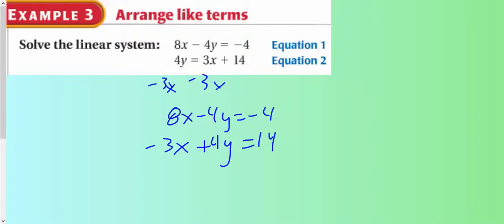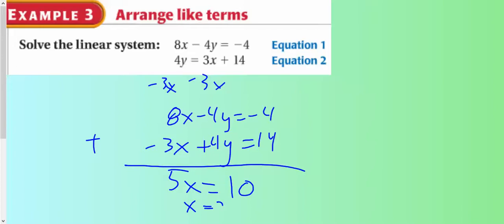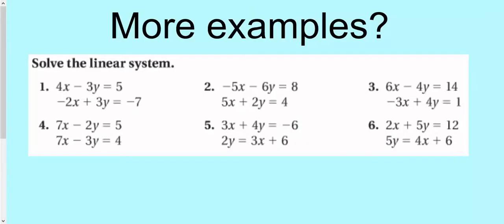Now they're both in standard form once I subtract the 3x from both sides. Then I'm ready to eliminate because we have 4y and negative 4y. So we have 5x equals 10, and then x equals 2 if I divide by 5. Plug in your x to get your y value, and I'm going to leave it at that.